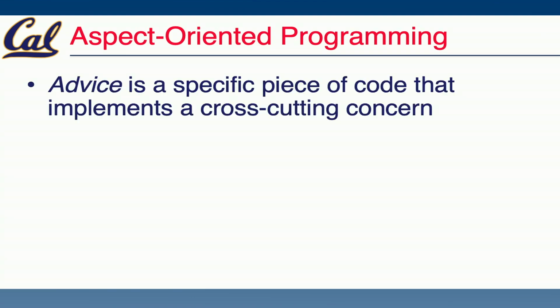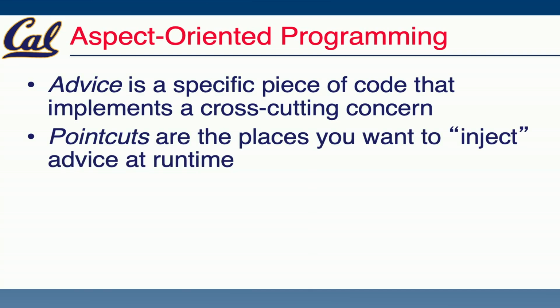The pattern that this follows is a little bit of vocabulary, but it's called aspect-oriented programming. What we're going to think about is what AOP calls an advice, or a specific piece of code that implements this cross-cutting concern. We're going to have a little bit of code that says everywhere in our app, we want something to happen. We have pointcuts, which are where those advice statements inject their behavior at runtime.